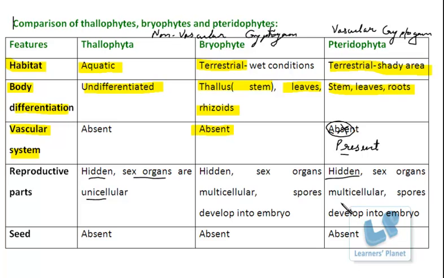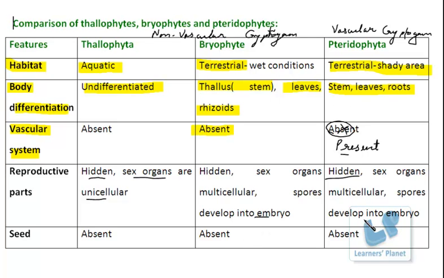Whether it is a bryophyte or pteridophyte, these sex organs are multicellular. Also in this case, the fertilized egg develops into the embryo, as of course they have to further differentiate into body parts.